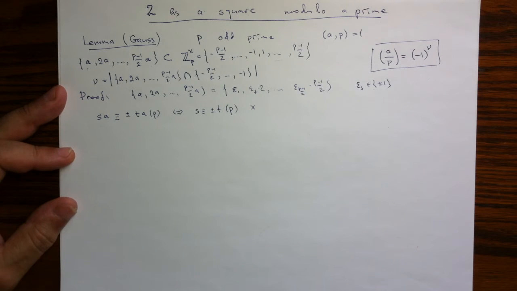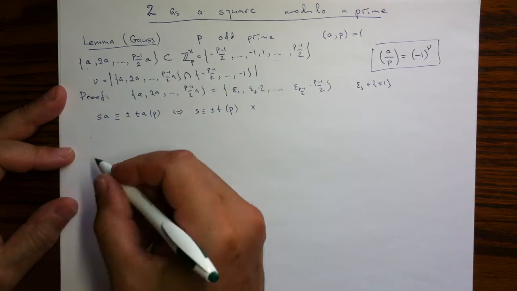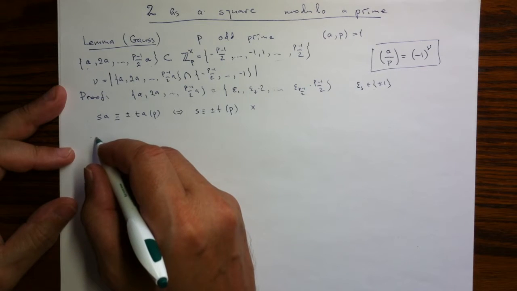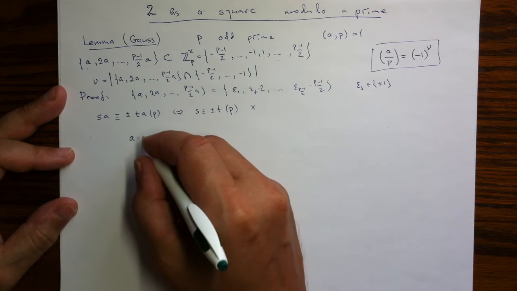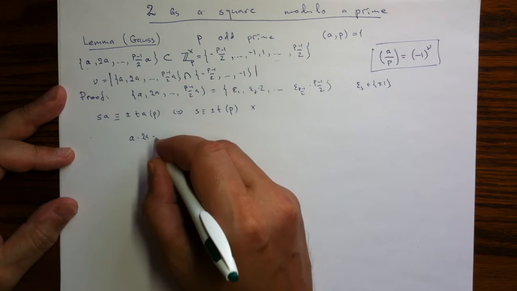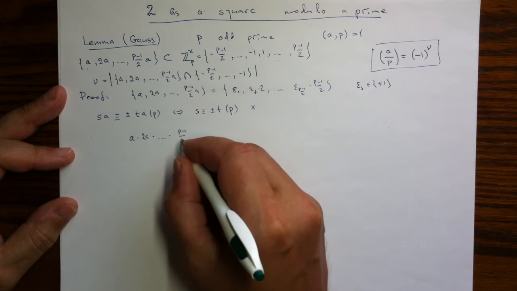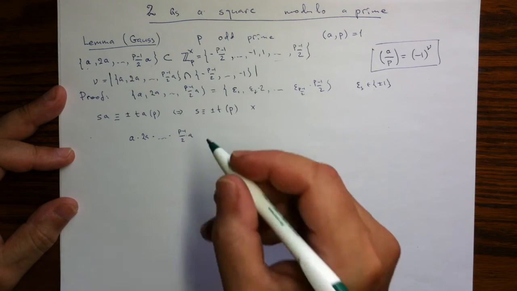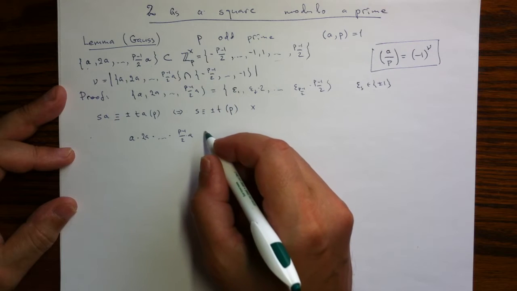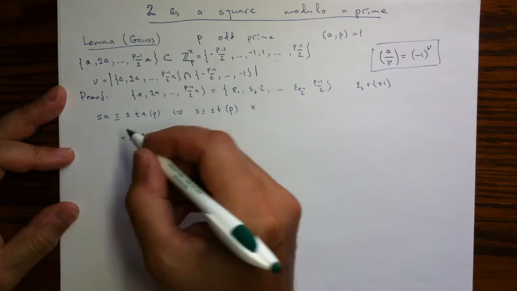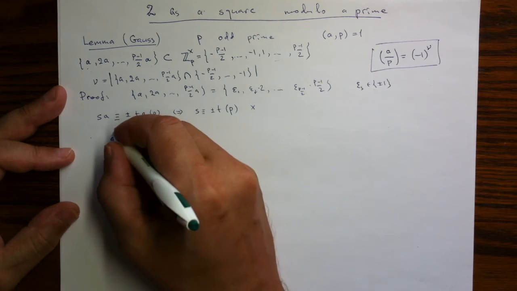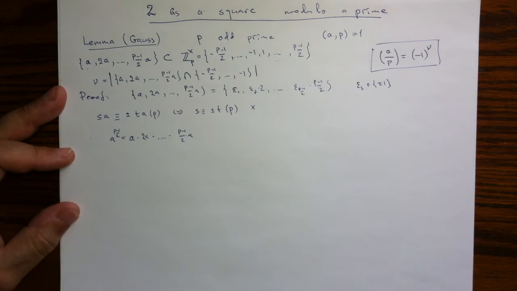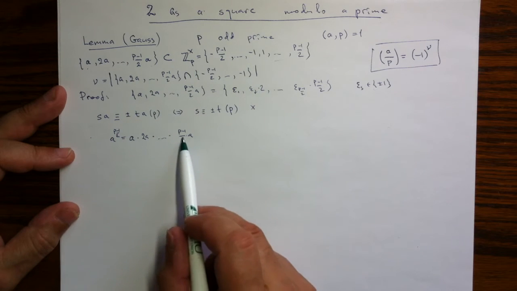Okay, so now we are ready to prove Gauss's lemma. Let's look at the product of all these multiples, just multiplying them all. So I have a times 2a all the way up to (p-1)/2 times a. That I can regroup into a, with (p-1)/2 copies of it, so that will be this power, and then I have the product of 1, 2 up to (p-1)/2.